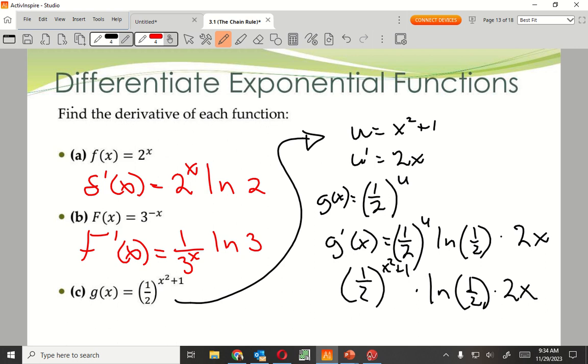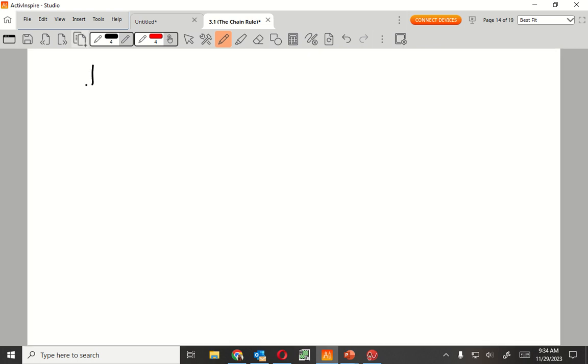The 1/2. Anyone remember the rules for ln's? Natural log rules about having fractions inside? No, I only remember like some log. So ln of 1/2 is the same as saying ln 1 minus ln 2. Okay, it's like log subtraction. Yeah, so ln and logs are the same. So log is base 10, where ln is base e.